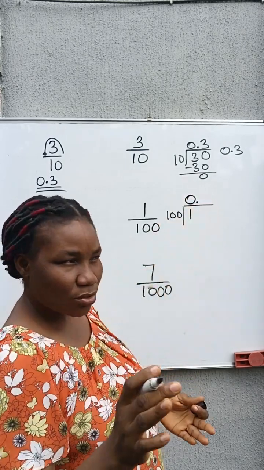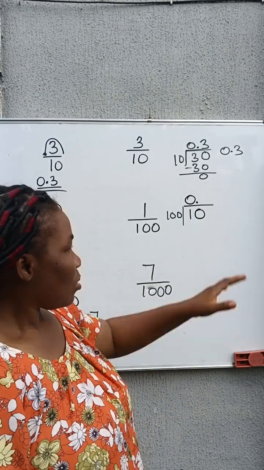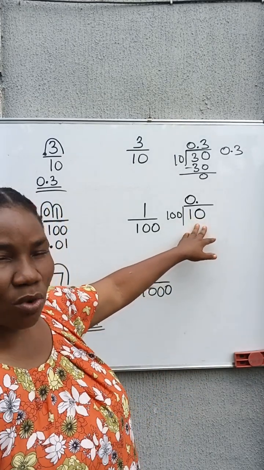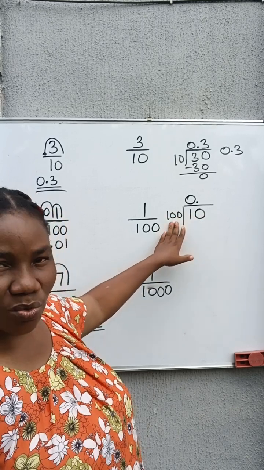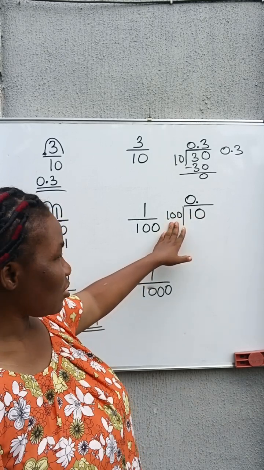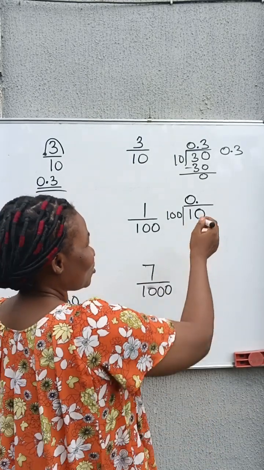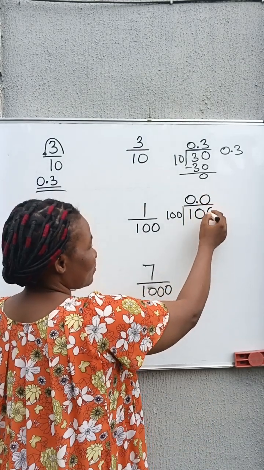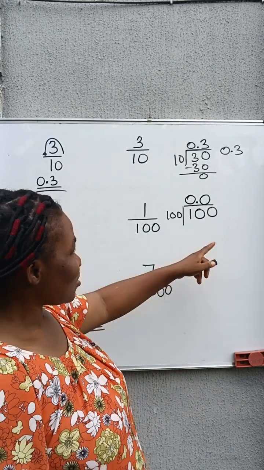As we do the 0 point, we give 0 to 1. 1 becomes 10. Now we go back again to 100. Is it still possible for 100 to go into 10? No. So we give 0 up and give 10 another 0. 10 becomes 100.